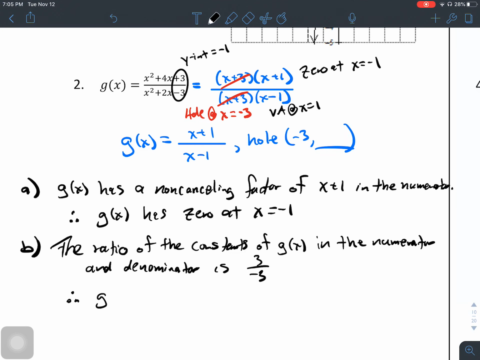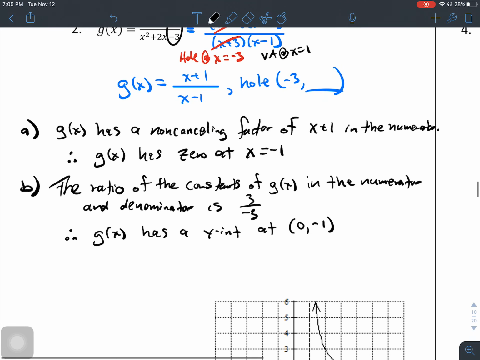Conclusion, g of x has a y-intercept at 0, -1, because 3 divided by -3 is -1.